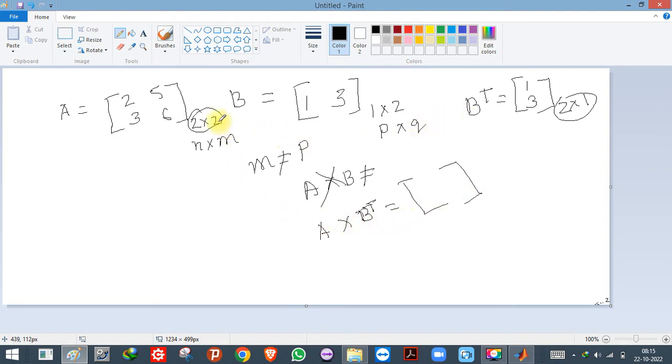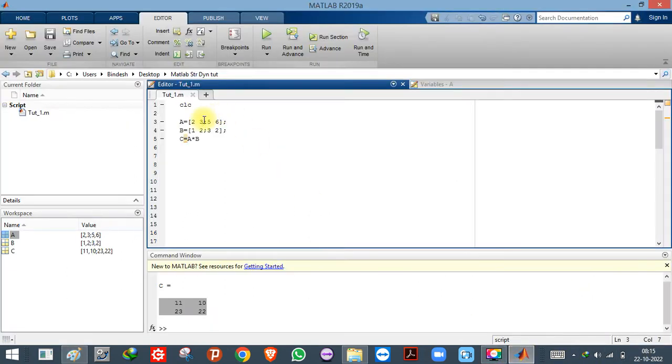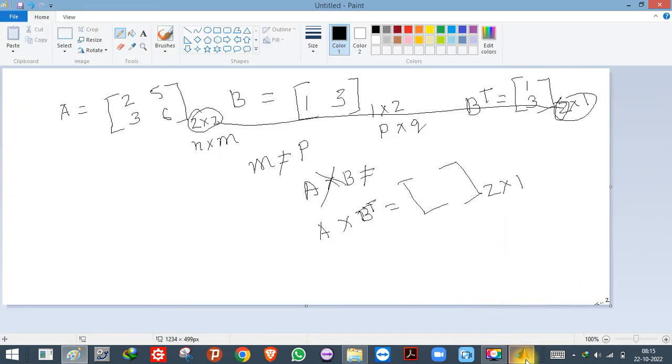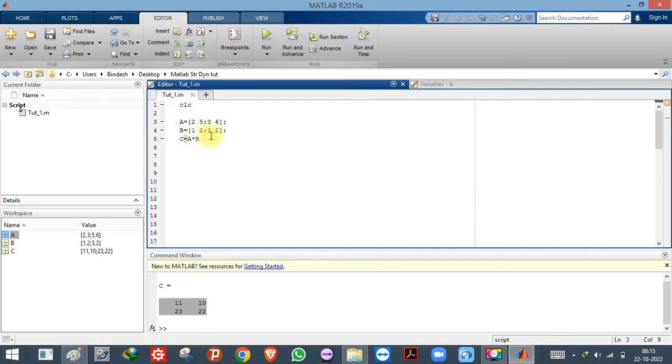These two are same, so this will get cancelled out. Size of this will be 2 into 1. Now let us check. A is 2, 5, 3, 6. Again I'll edit it, 2, 5, 3, 6, and B I have written 1, 3. B is my 1, 3.